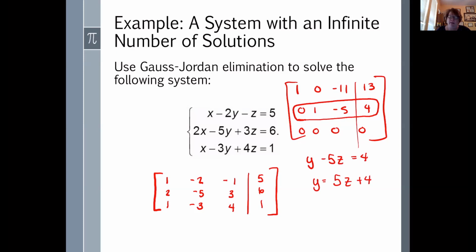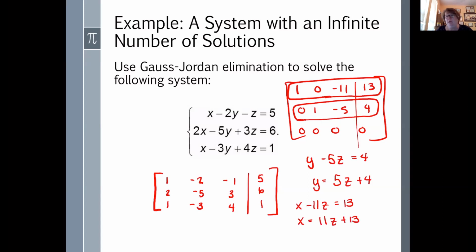Then I'm going to take the top row and write the equation. So I have x plus 0y minus 11z equals 13. So x minus 11z equals 13. And I'm going to solve this for x by adding 11z to both sides. So x will be 11z plus 13.